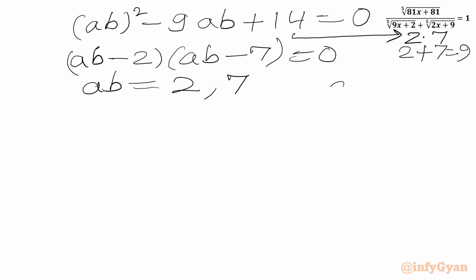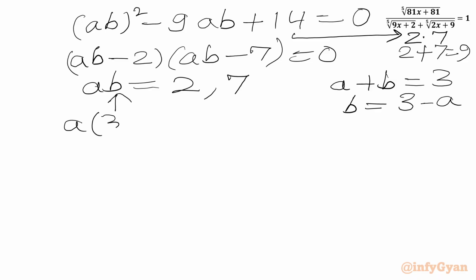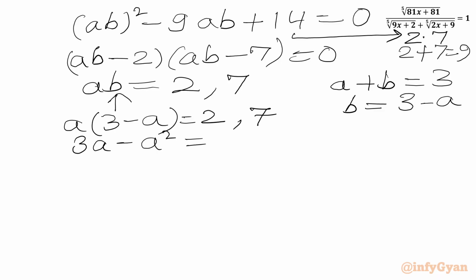Now I will write our first equation, A plus B equal to 3. From here I can write B equal to 3 minus A, which we will apply here. So I can write A times 3 minus A equal to 2 or 7, or 3A minus A square equal to 2 and 7.